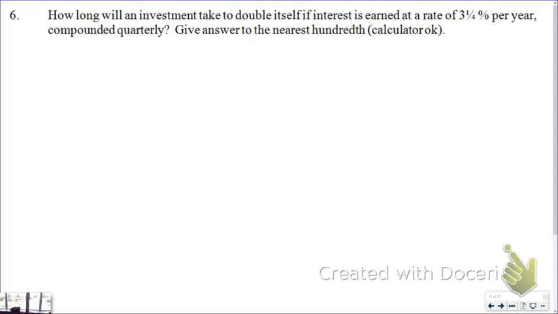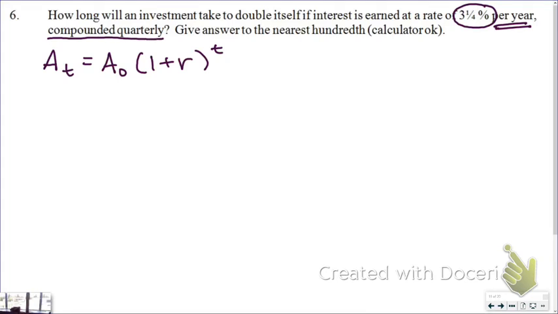Okay, so if we think about this formula, A sub t equals A sub 0 times (1 plus r) to the t, then what's going on is this is an annual rate per year compounded quarterly. So that means you're getting interest every quarter.